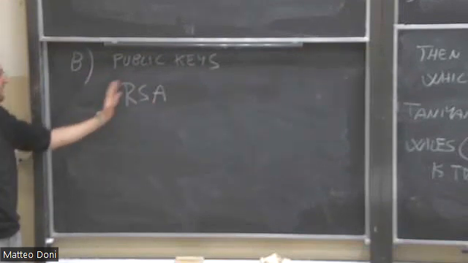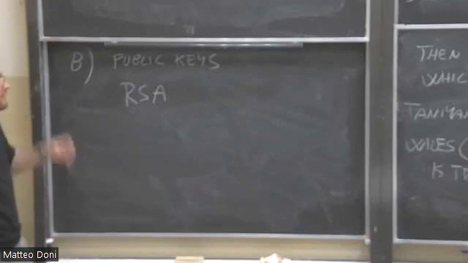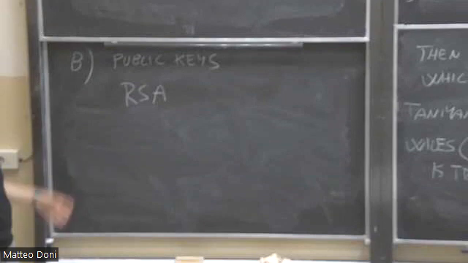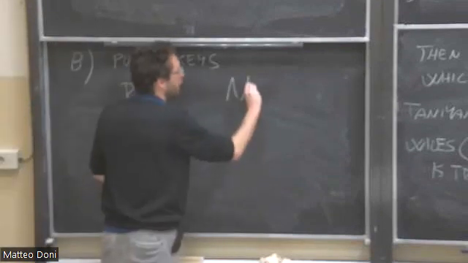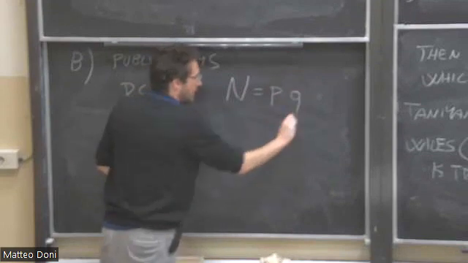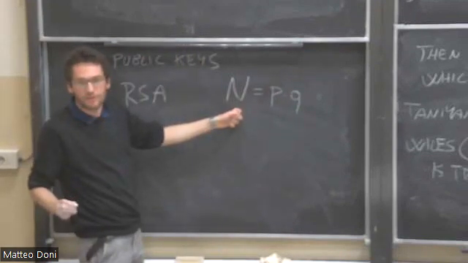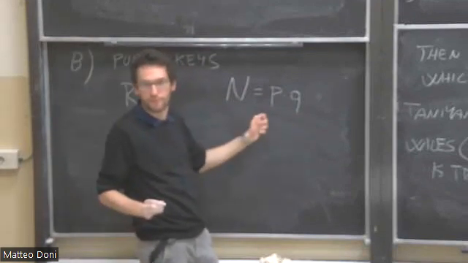I don't remember if I said the names correctly. They obtained an interesting and very strong cryptographic system, which is based upon the fact that, as I told you before, it is very difficult to factorize a large integer, even if you know that it is the product of two primes.